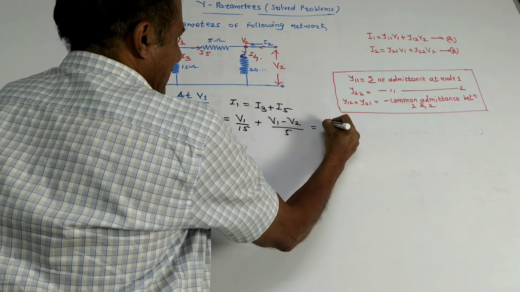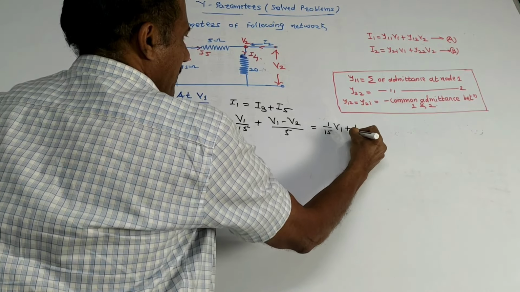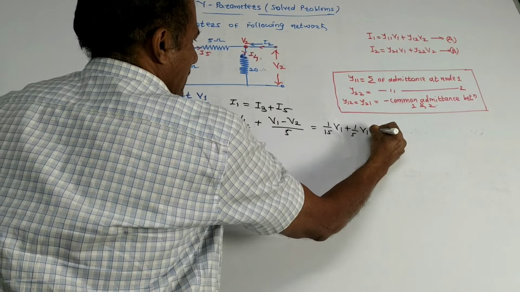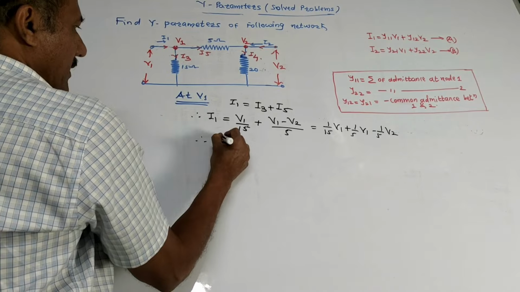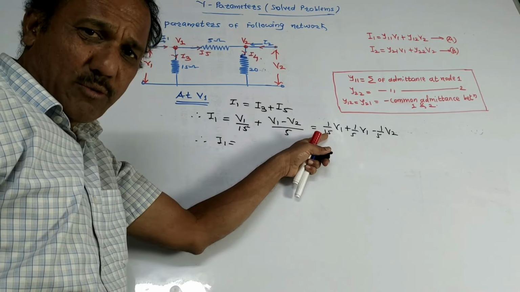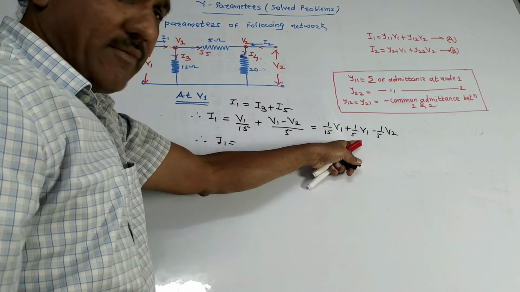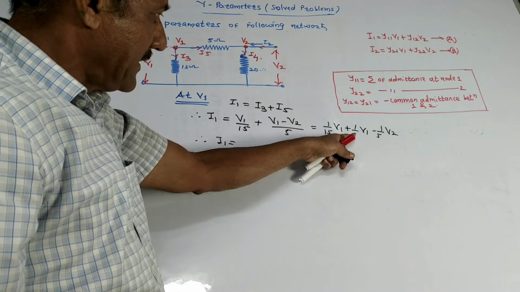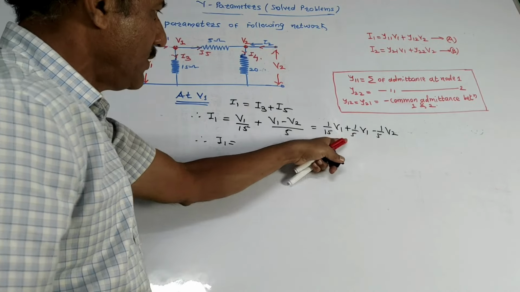So it can be written as 1 by 15 V1 plus 1 by 5 V1 minus 1 by 5 V2. Therefore, the equation of I1 after simplification: you may well convert it in decimals using a calculator, but you can solve it like this by taking LCM and so on. So these two terms can be combined. LCM will be 15.